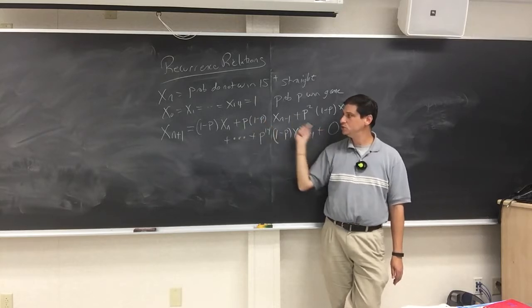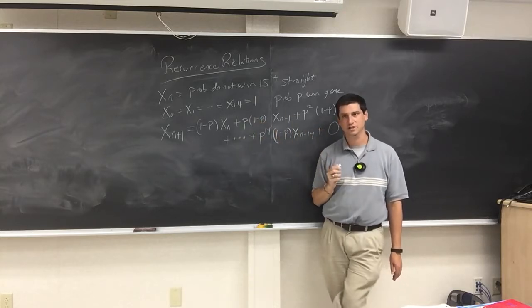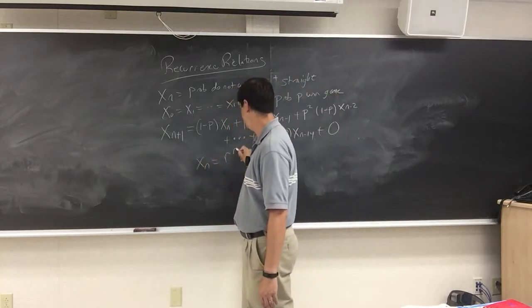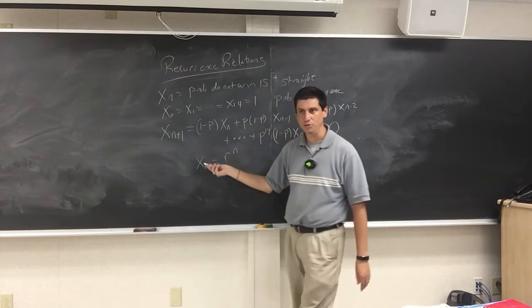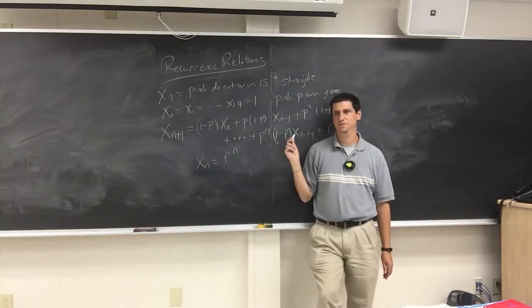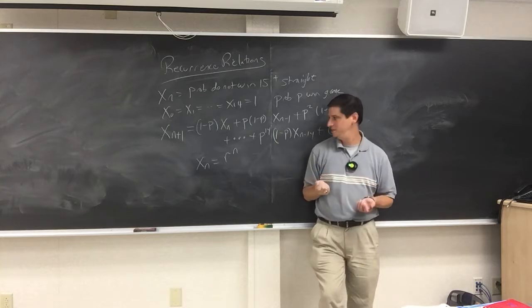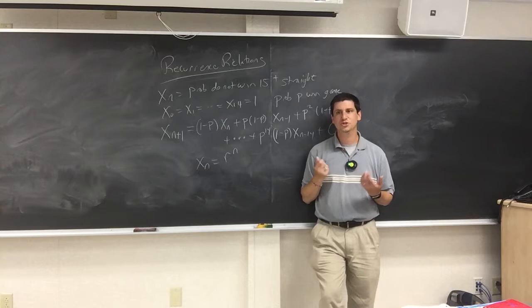It turns out there are nice ways to solve recurrence relations like this. You basically guess x sub n is r to the n, you get a characteristic polynomial, you get linear combinations. Unfortunately, this would be a characteristic polynomial of degree 15. We don't want to solve a polynomial of degree 15.